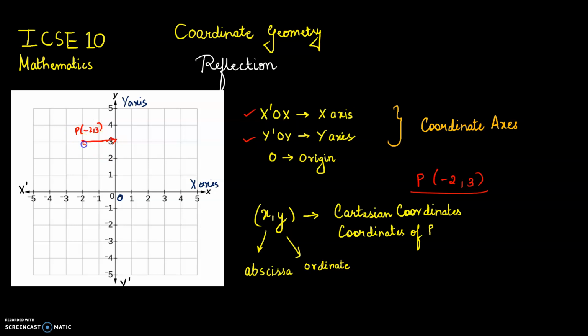Now have a look here. This is the abscissa, right? Since x is equal to minus 2 and y is 3, that is the ordinate. So 3 is the ordinate and this is abscissa.